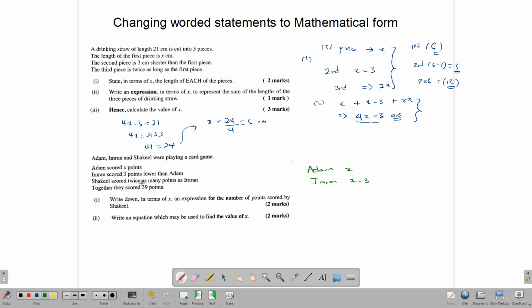Shakil scored twice as many as Imran. So Shakil had twice as many as Imran, which means 2 times x minus 3. So the number of points scored by Shakil would be 2 times x minus 3.